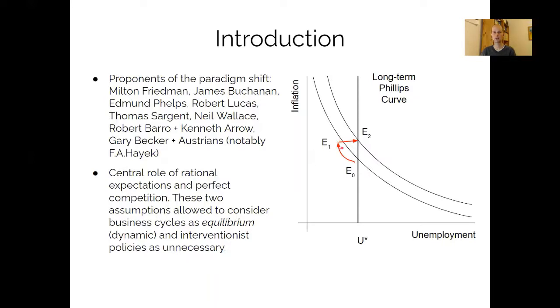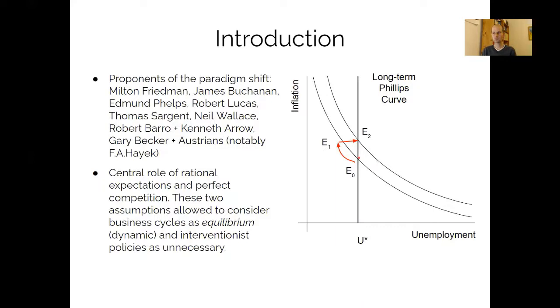What will happen is that we move to E2 because people will adjust their beliefs, and when they adjust their beliefs, they won't be willing to accept decreased real wages anymore. But when the real wages return, the demand returns to the original level, and we move to the point E2 here with the same unemployment as before, but with higher inflation. So the point E2 is clearly inferior in comparison to the point E0.